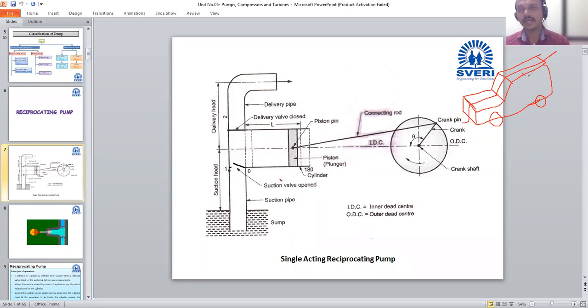Half of the part I will remove, and after that, what I will observe here, I will change the color so you will get it. So this is like that. This is the half vehicle remaining.